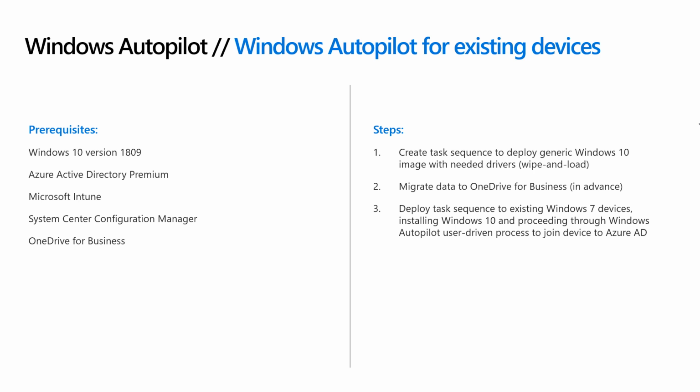Also, for Autopilot, we need to have Windows 10 1703. If we want to register our Windows 7 computers with Autopilot, we cannot do it. We cannot collect hardware hashes from Windows 7 computers, only from 1703 and higher.